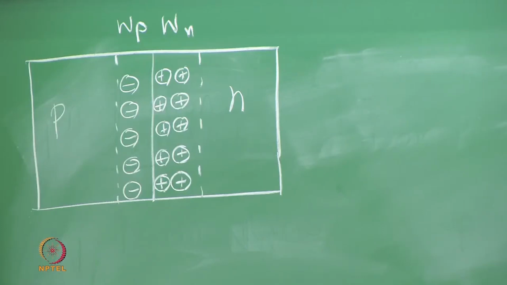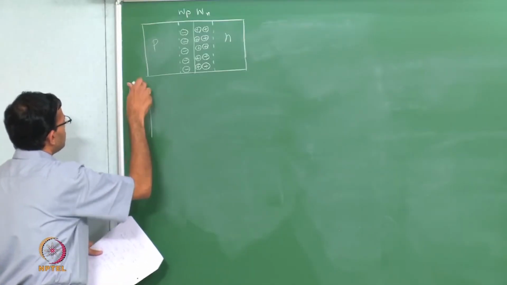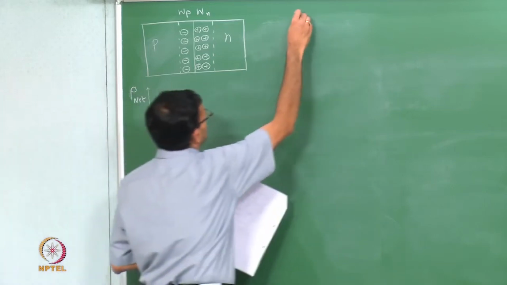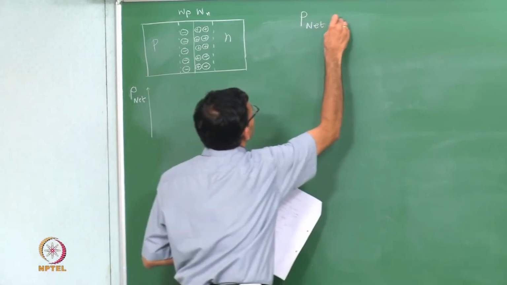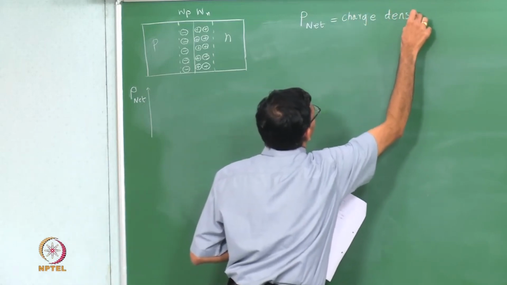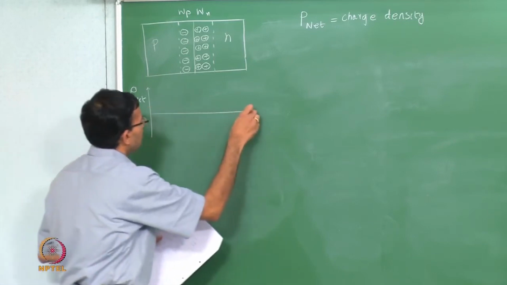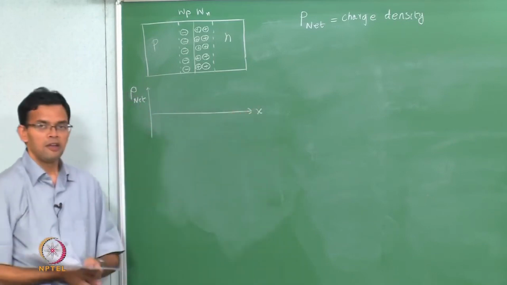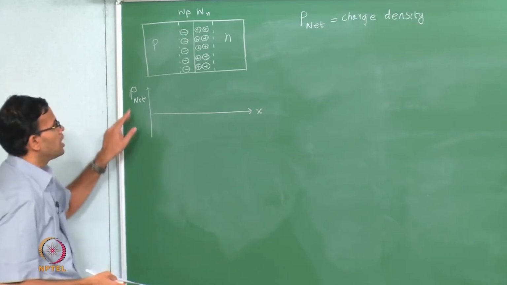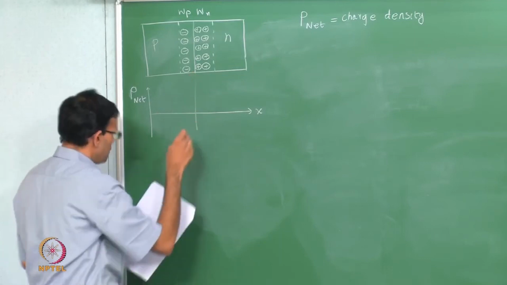If you plot the charge density, rho, as a function of distance, we can usually say that the depletion region is devoid of carriers, so that the charge density is just a delta function. So, let me plot the interface.